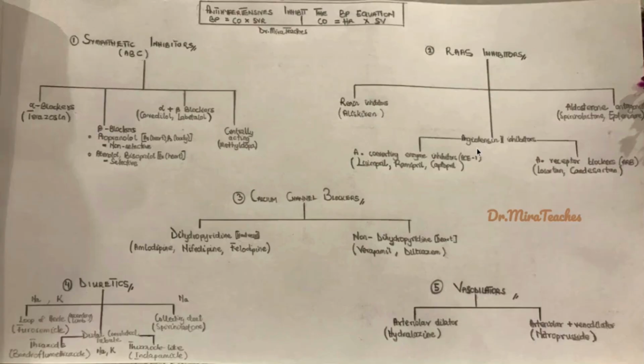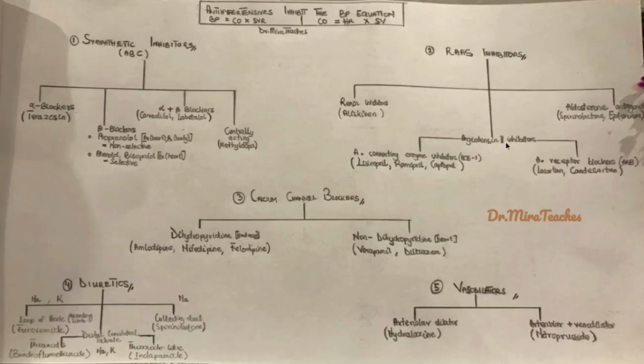Then for angiotensin 2 inhibitors, we have angiotensin converting enzyme inhibitors, so ACE inhibitors. What are ACE inhibitors? Remember that angiotensin 2 is originally angiotensin 1. But angiotensin 1 is not what does the job, it's angiotensin 2 that is powerful. So we need to convert angiotensin 1 to angiotensin 2, and it is the angiotensin converting enzyme that does this.